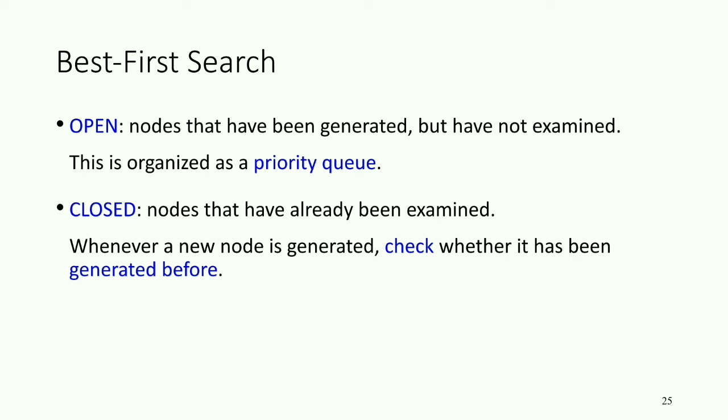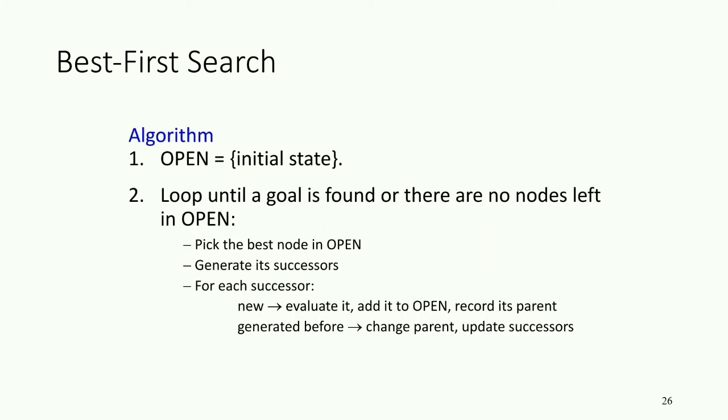In this, open and closed list concepts are used. The open list is the nodes that have been generated but not yet examined. It is organized as a priority queue. The closed list is the nodes that have already been examined, and whenever a new node is generated, check whether it has been generated before.